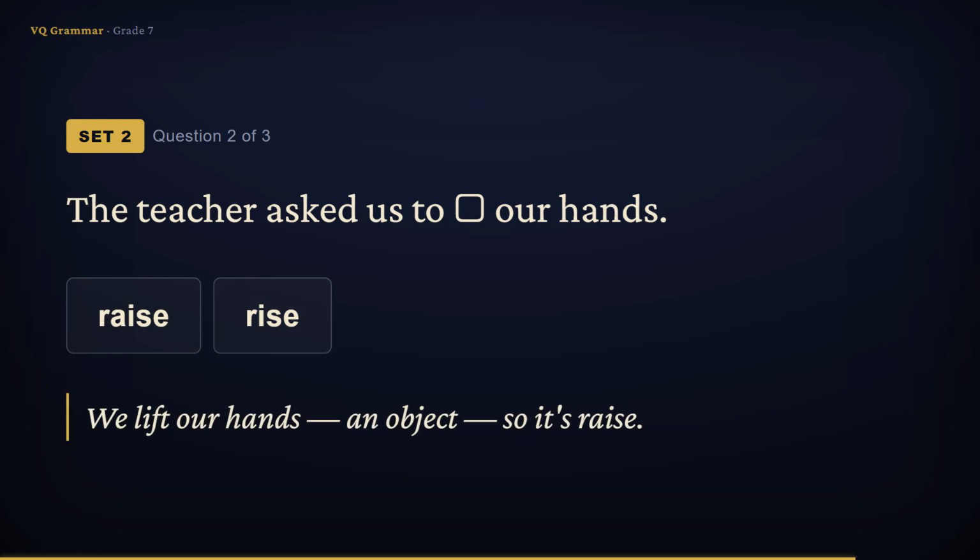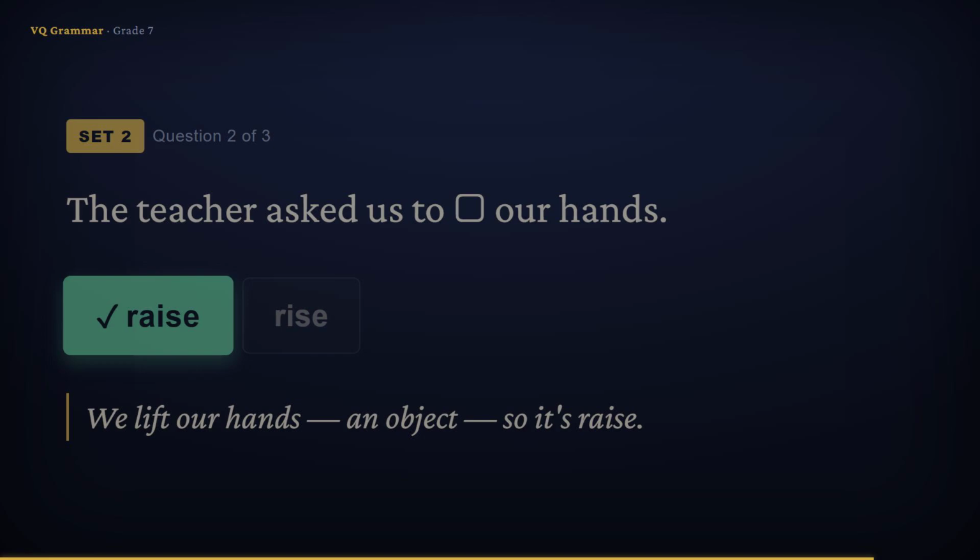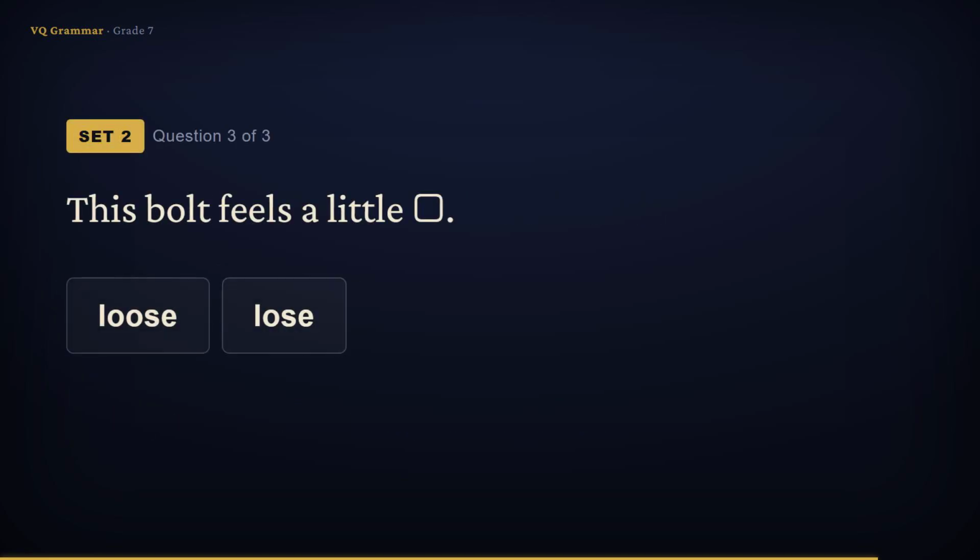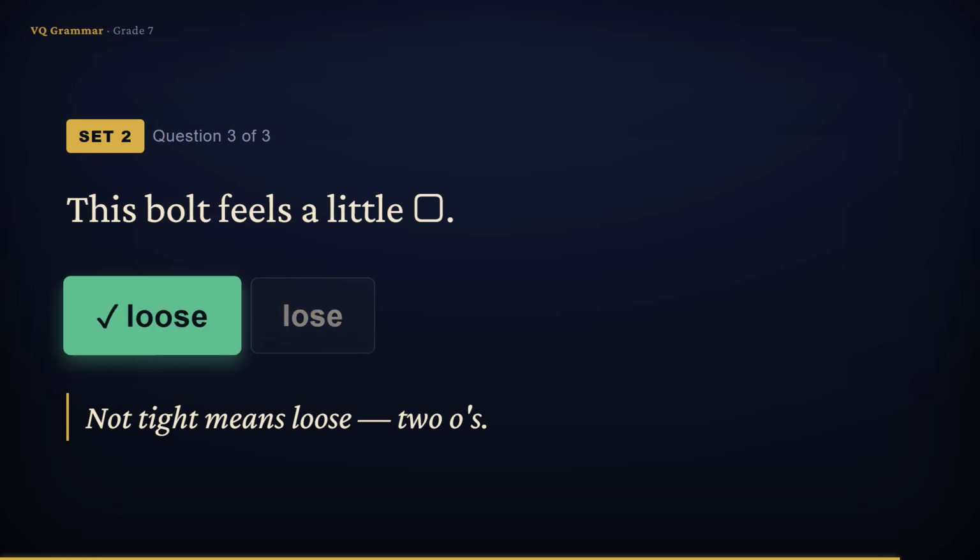Raise or rise? We lift our hands, and the hands are an object we lift. Lifting an object is raise, so the answer is raise. This bolt feels a little blank. Loose or lose? The bolt is not tight, it's wobbly. Not tight is loose with 2 O's, so the answer is loose.